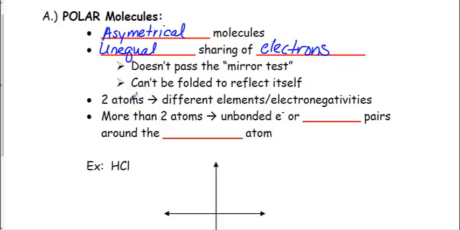So two atoms or two different elements or two different electronegativities. More than two atoms, unbonded electrons or lone pairs around the central atom.